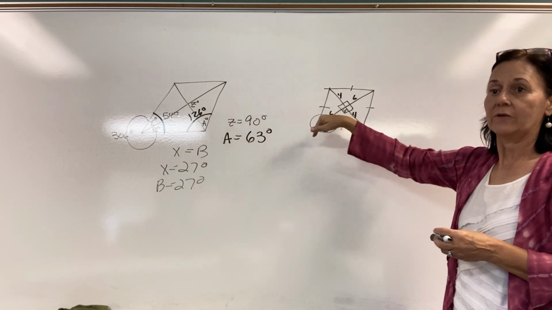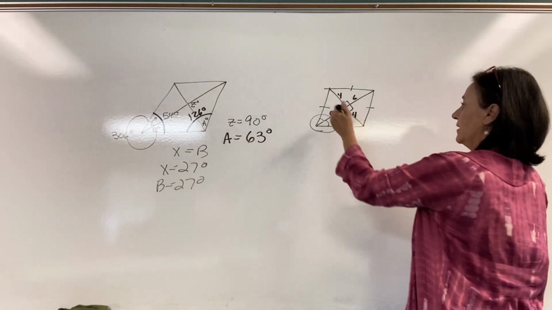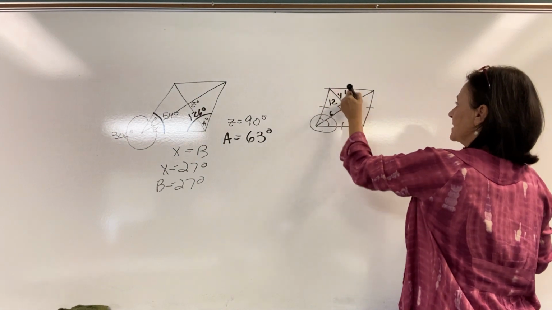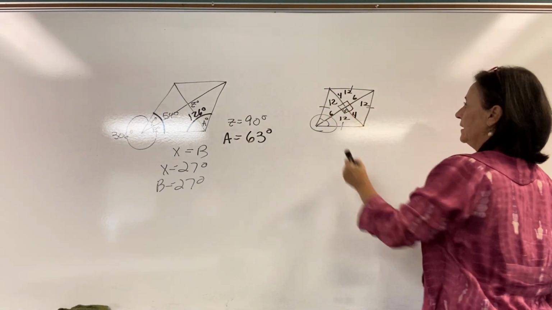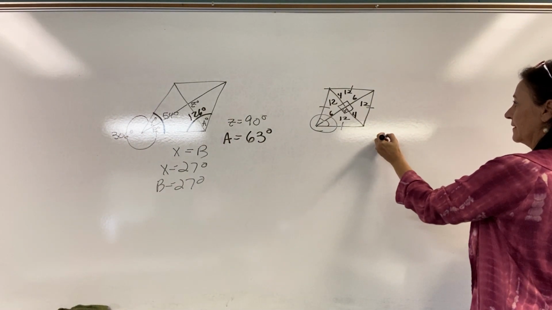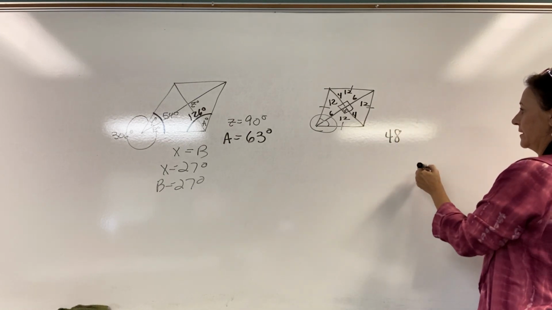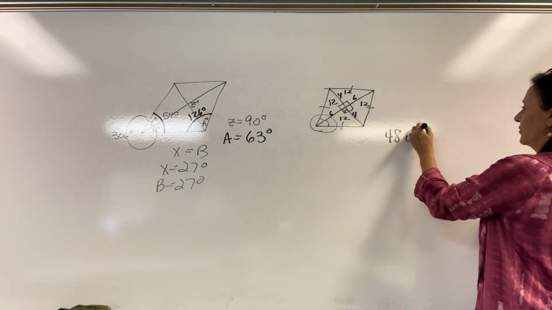So what's half of 4 times 6? 12. So the area of all of these is 12. So I just take 4 times 12, and that is 48. Inches squared.